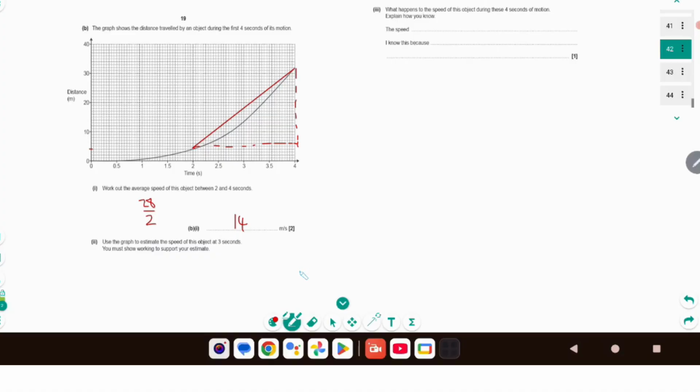Use your graph to estimate the speed of this object at 3 seconds. Got a curve, distance time graph. You need the gradient of the curve. So we need to draw a tangent at that point, 3.